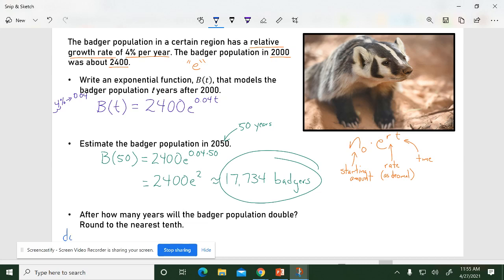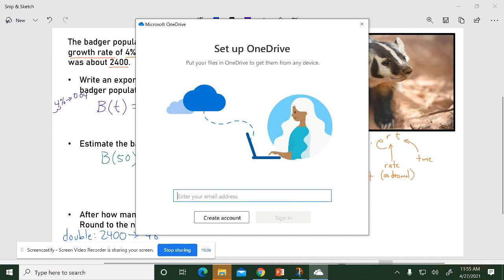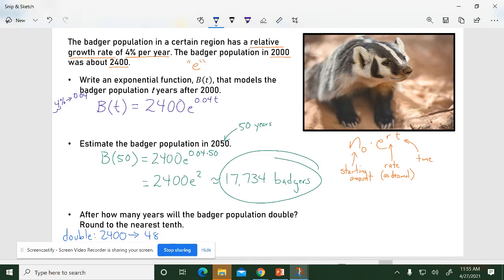So doubling would mean we would go from 2,400 up to 4,800. The idea is we've got to use 4,800 as our B of t, as our final answer, and then figure out what amount of time, what number for t would cause us to get that.